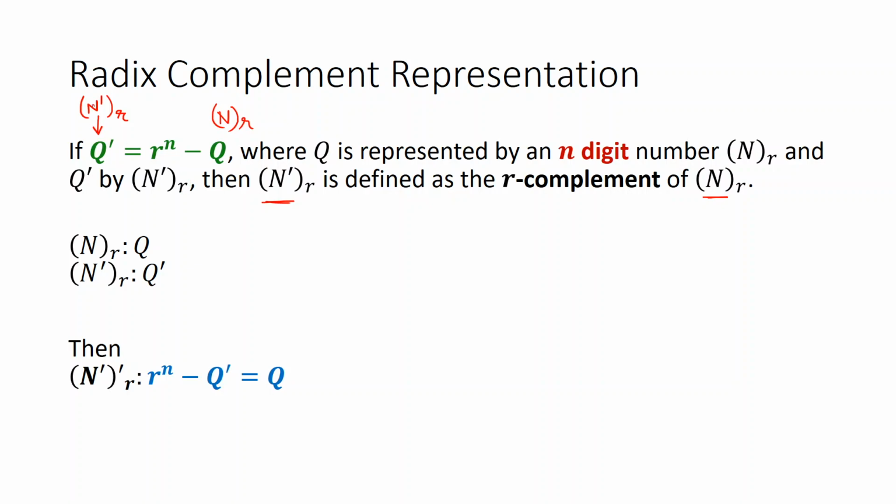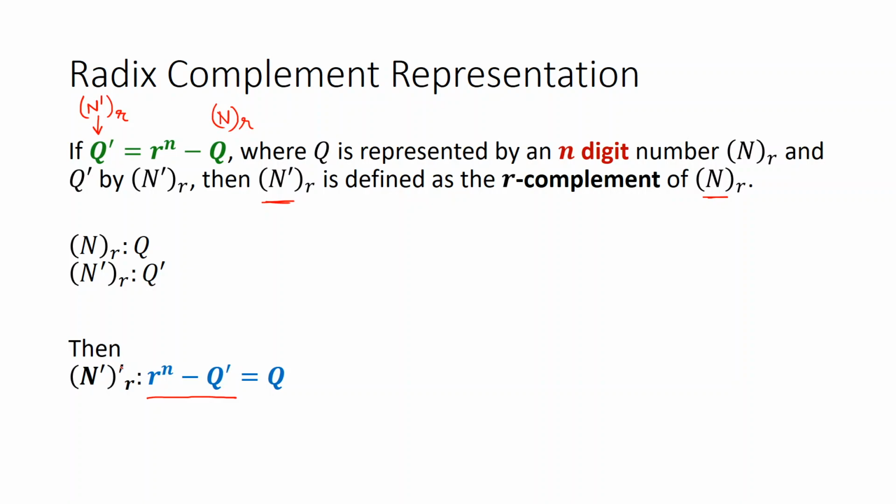So what would be the complement of n dash? I will simply have to do this operation, r to the power of n minus q dash, because n dash represents the value of q dash, and whatever value comes I have to represent it in the normal number system of radix r.